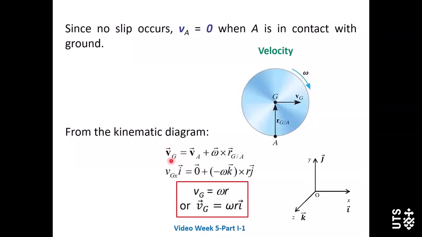For VG, we only have VGX, the X component of VG. But the Y component of VG, VGY, must be 0. So from this vector equation, we can get the relationship between Vg, actually Vgx, and omega.